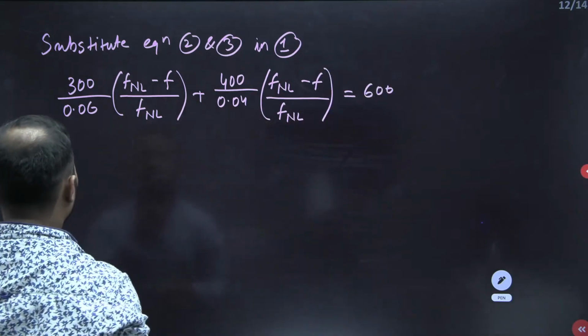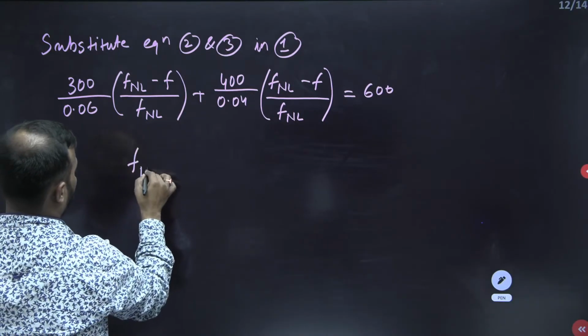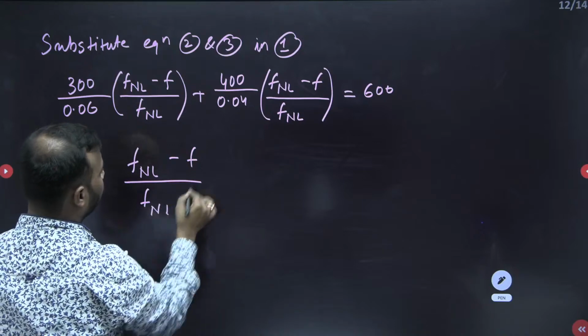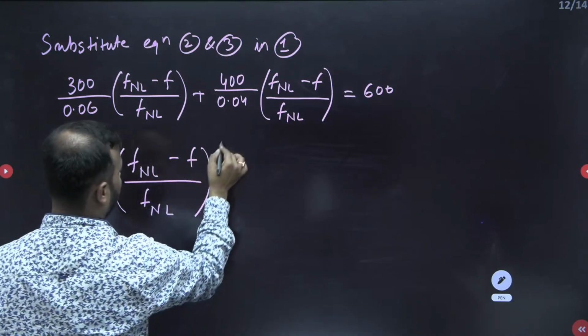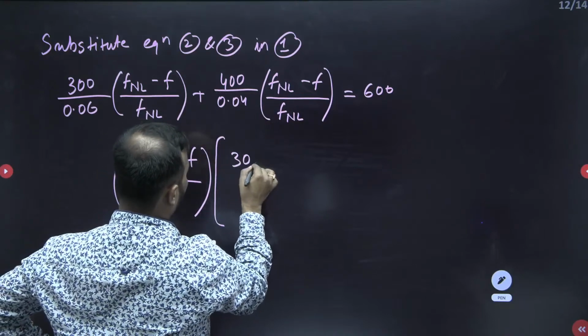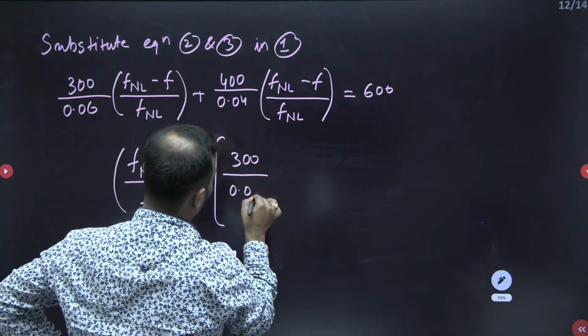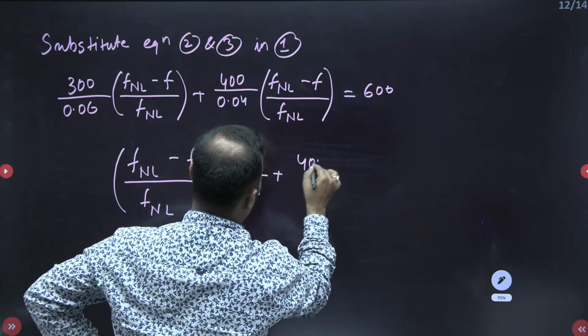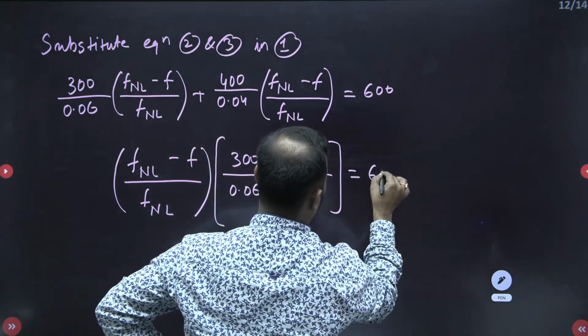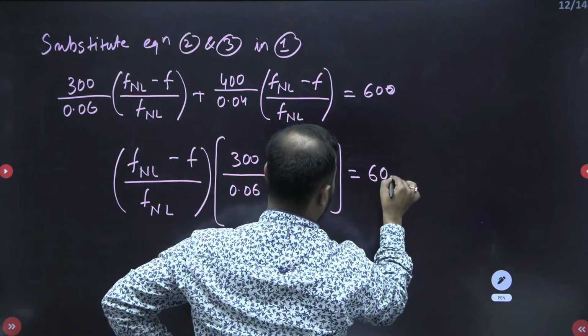So from here, take the value (F no load minus F) divided by F no load common. So here you are going to get 300 divided by 0.06 plus 400 divided by 0.04, which is equal to 600.